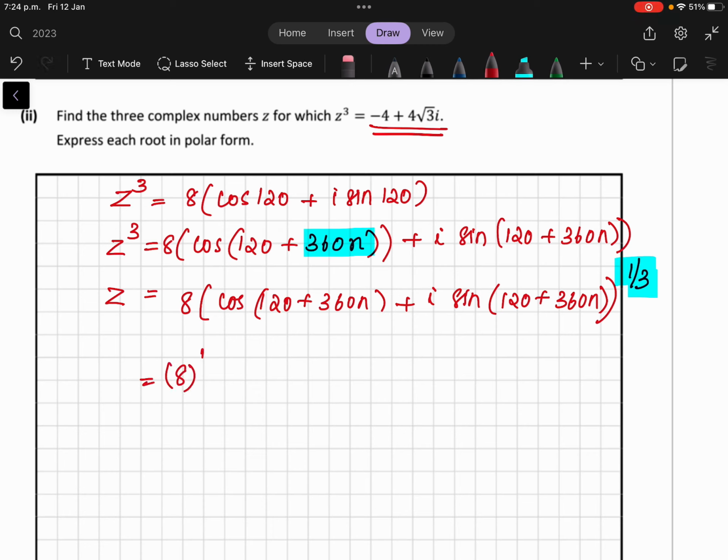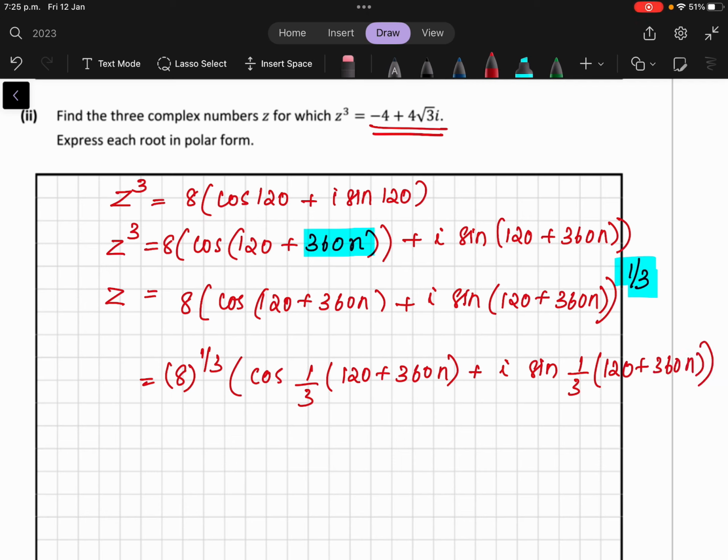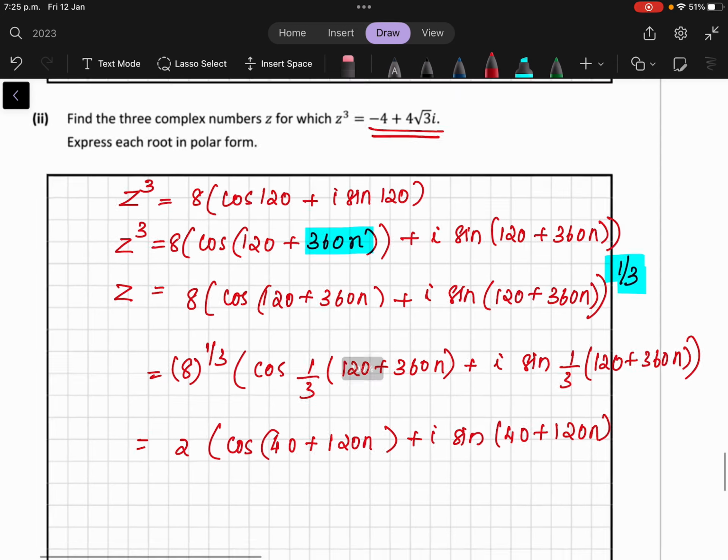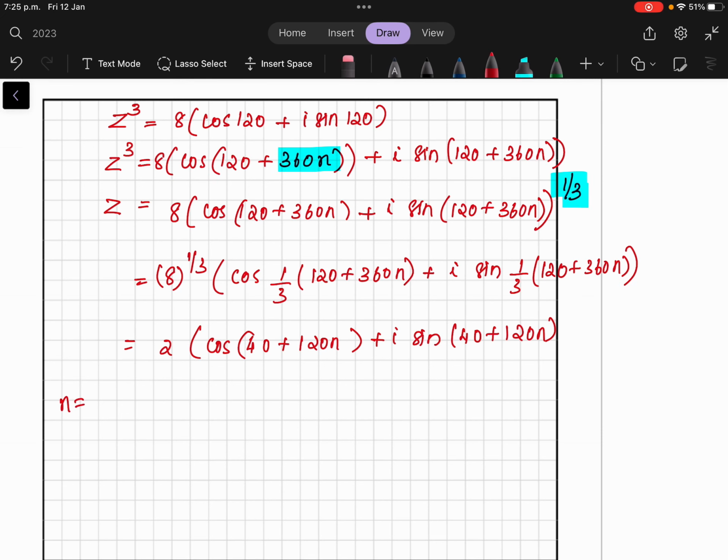That is 8 to the power of 1 over 3 times cos of one third of 120 plus 360n plus i sine of one third of 120 plus 360n. Then you will get 2 times cos of 40 plus 120n plus i sine of 40 plus 120n. So you simplified this.